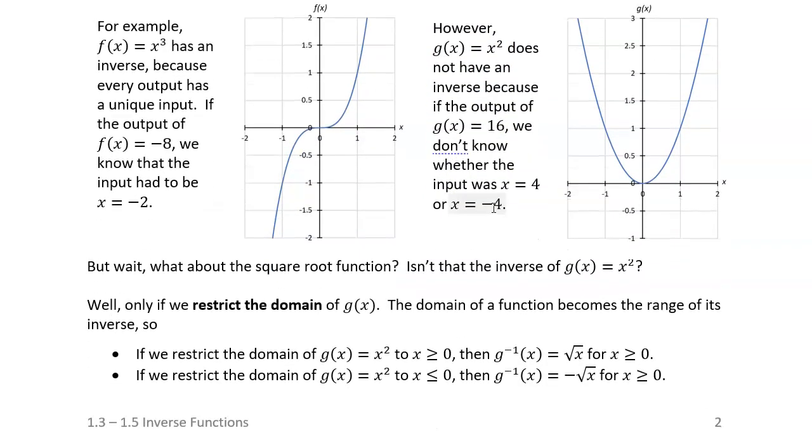Also be aware that we can restrict the domain of a function in order to make it invertible. Like I was saying with that height function, if we restrict our domain to the first couple seconds of the flight, then we can write an inverse for it. So take a look at this page and I'll meet you for the next example.